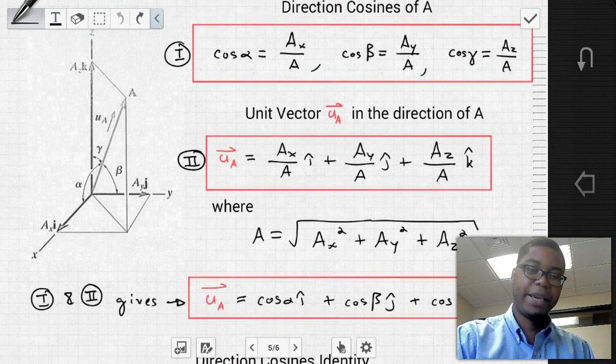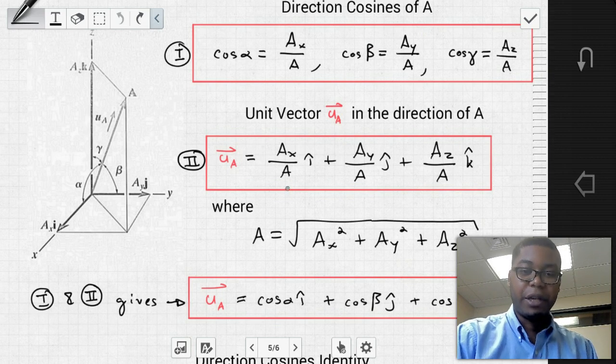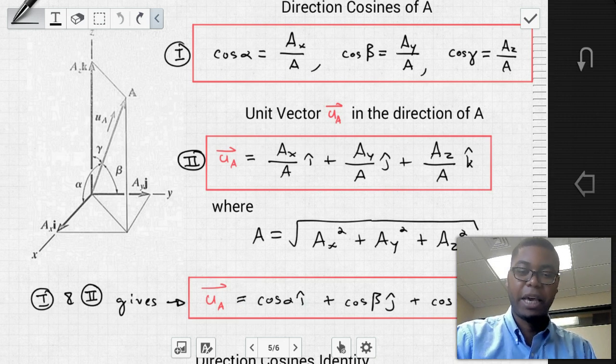So if we were to take the direction cosines relationship and the unit vector and replace like terms, then we'll find that we can rewrite the unit vector as equal to the cosine direction: cosine alpha times i plus cosine beta times j plus cosine gamma times k.